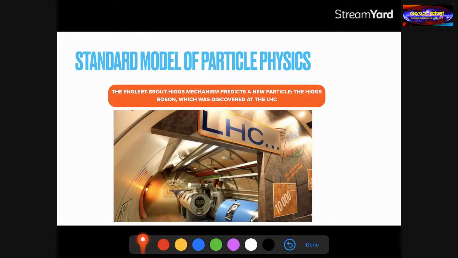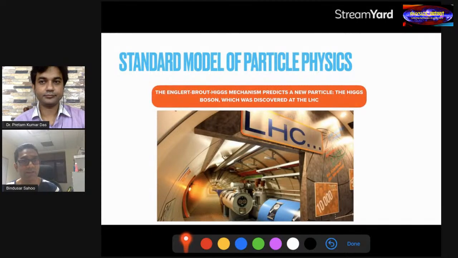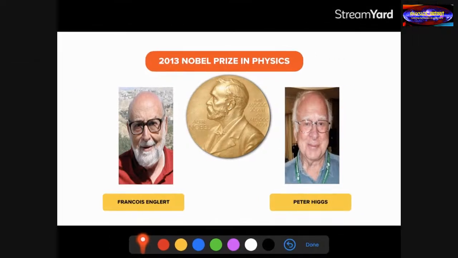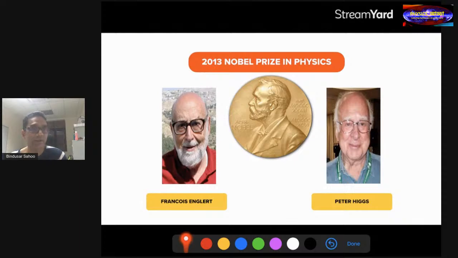The Higgs mechanism was formulated in the 70s probably, but the particle was finally observed by a very sophisticated experiment at the Large Hadron Collider in 2012, and that led to the Nobel Prize awarded to these two gentlemen, Englert and Higgs. Although Brout was also a part of that mechanism, Brout was not alive and the Nobel Committee does not award the prize posthumously, so it was only awarded to Englert and Higgs.